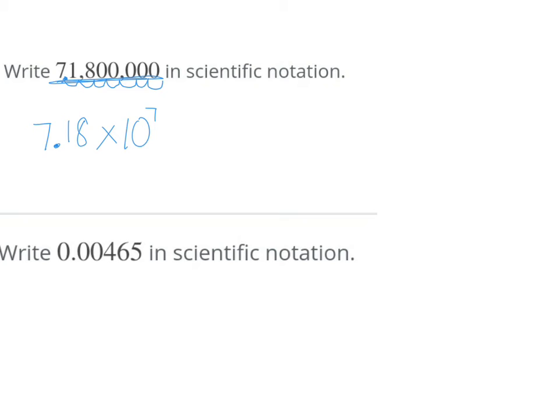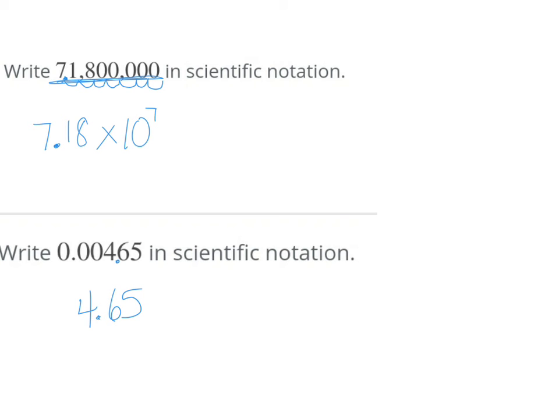This next number you can see is a decimal number that's very, very small. So that means I'm going to be moving my decimal to the left, which means I'm going to have a negative exponent. So looking at all the digits there, I pick out where I can put my decimal so that it's a number between 1 and 10. I see it as right here, 4.65.